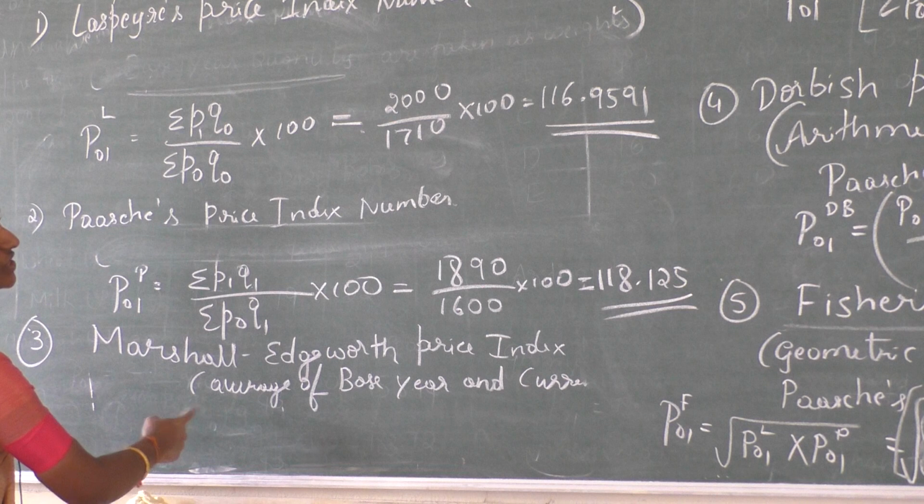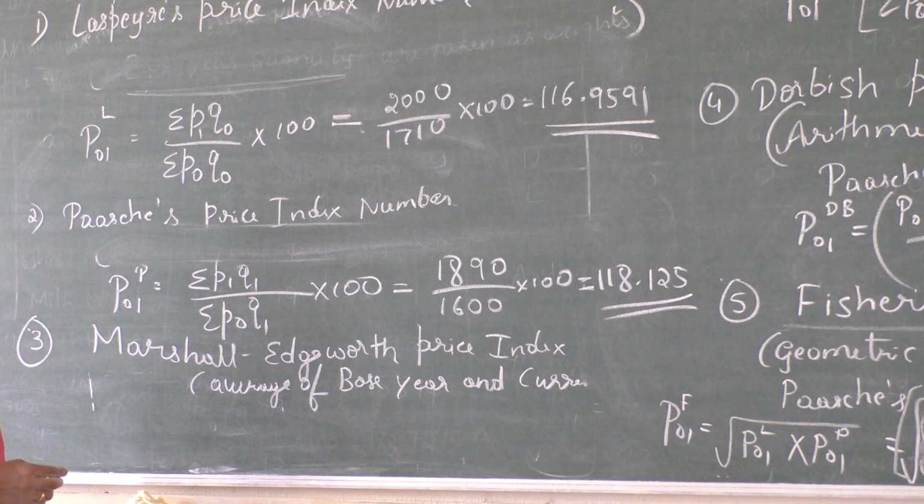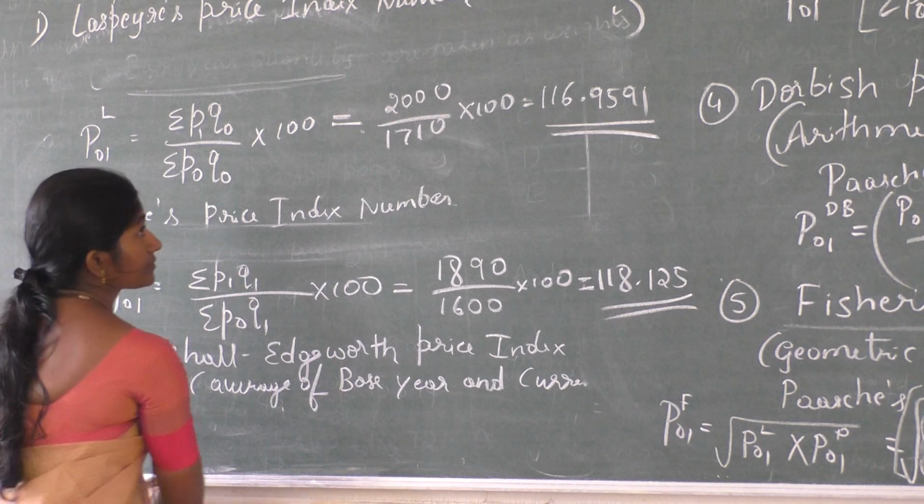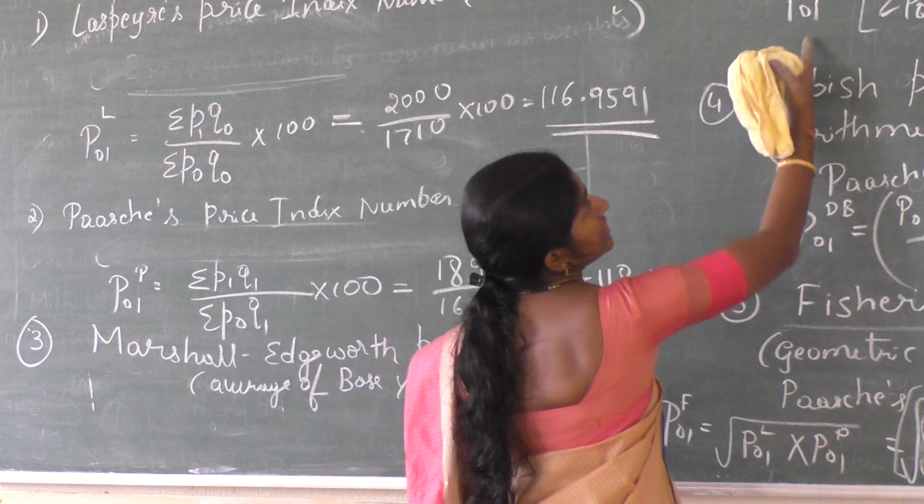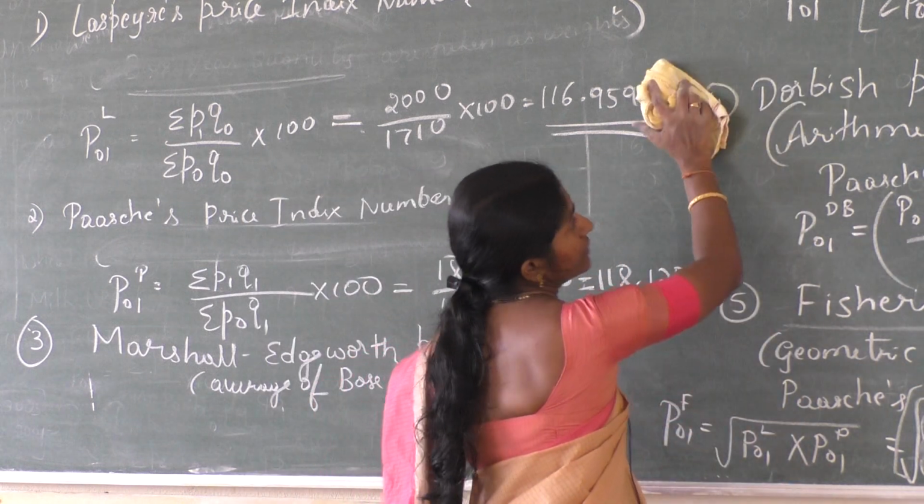Next, Marshall Edgeworth price index number. This is the formula I have written here.